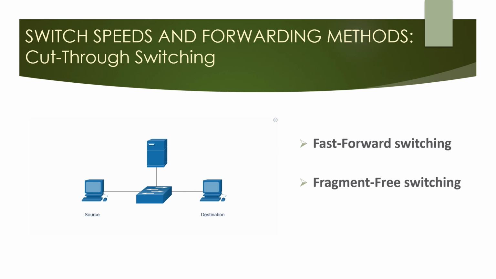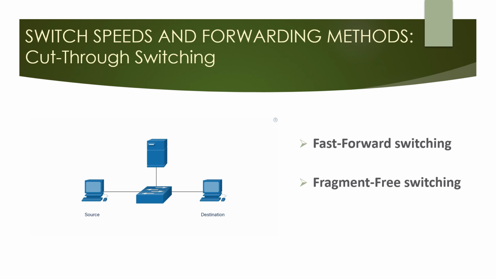There are two variants of cut-through switching. The first one is fast-forward switching, which offers the lowest level of latency. Fast-forward switching immediately forwards a packet after reading the destination address. Because fast-forward switching starts forwarding before the entire packet has been received, there may be times when packets are relayed with errors.